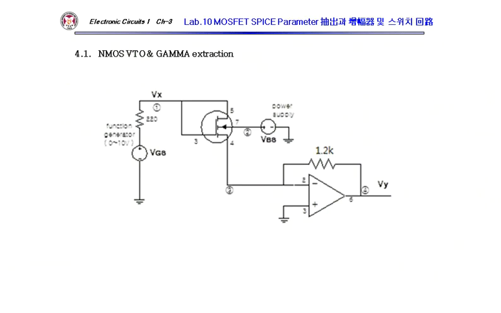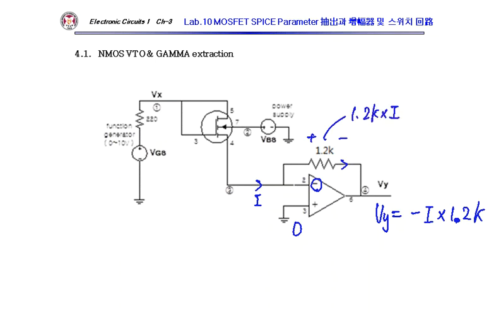So in this circuit, an inverting amplifier, if there is a current flow I, this VI should be 0 minus I times 1.2K, because this voltage drop is 1.2K times I. So it is negative from here to ground.